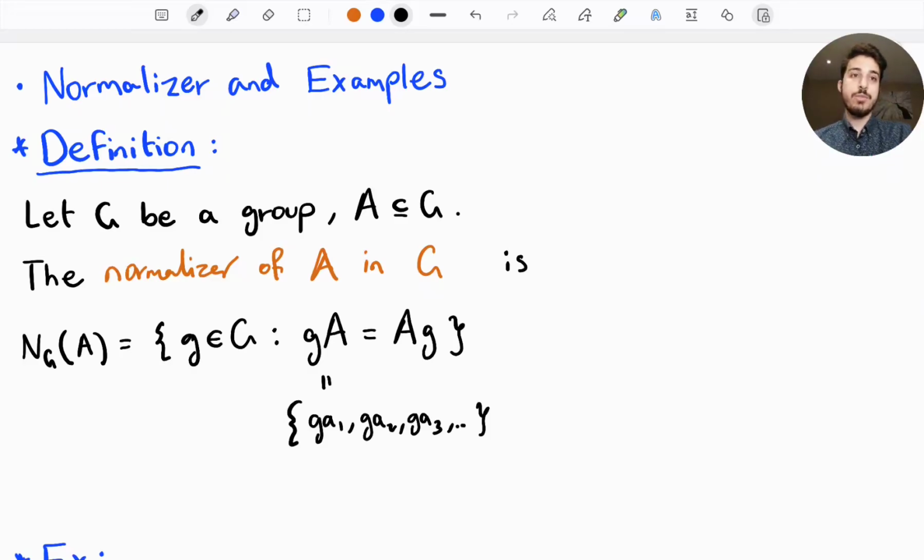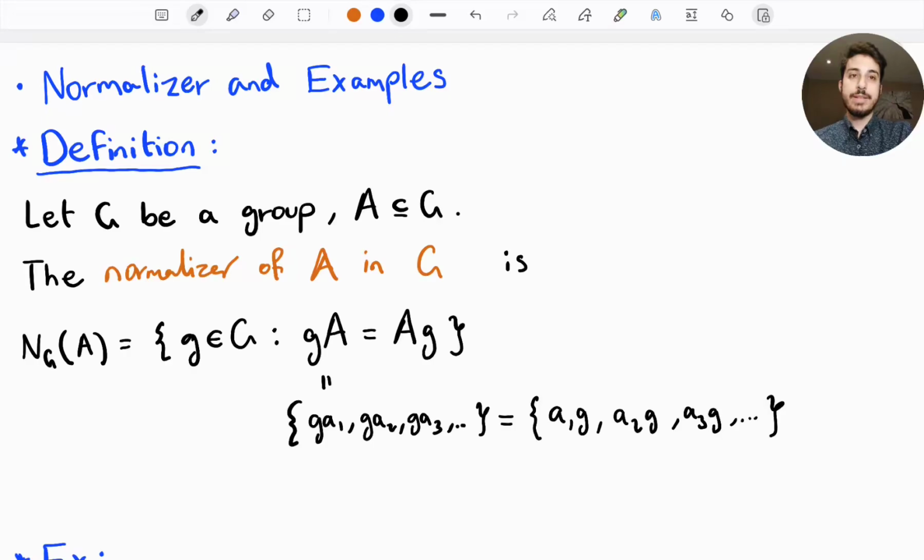And I claim this is equal to AG. So basically, a1 G, a2 G, a3 G, and so on. Basically claiming that these two sets are equal.